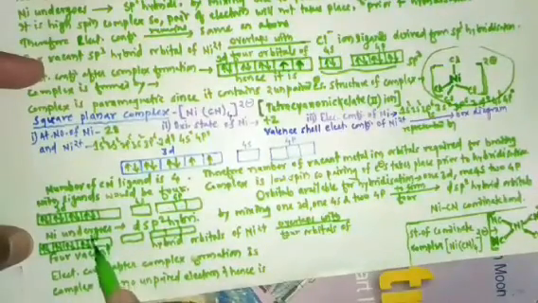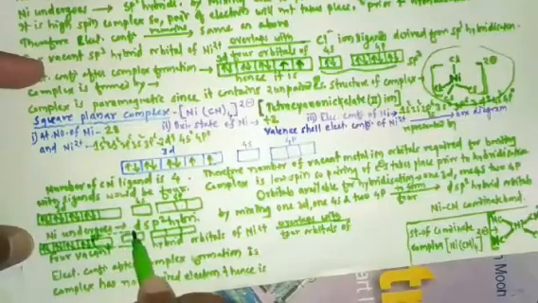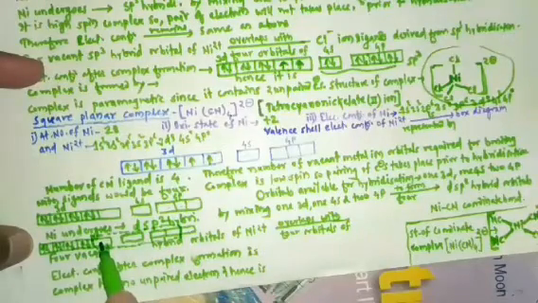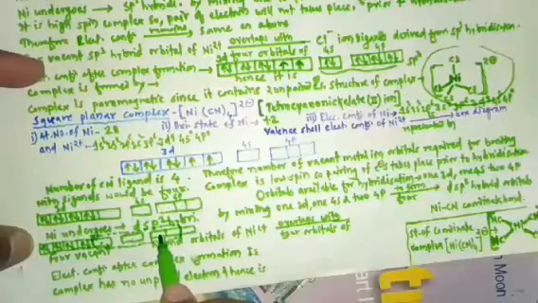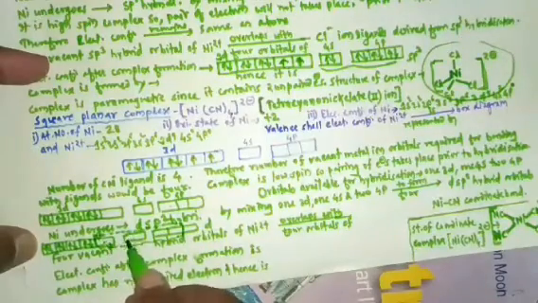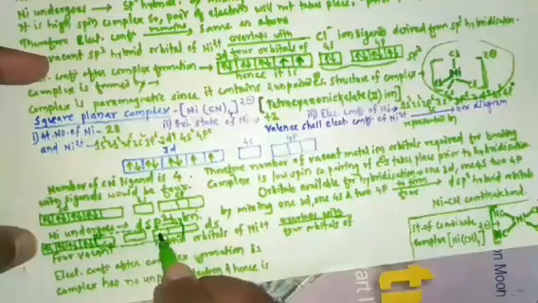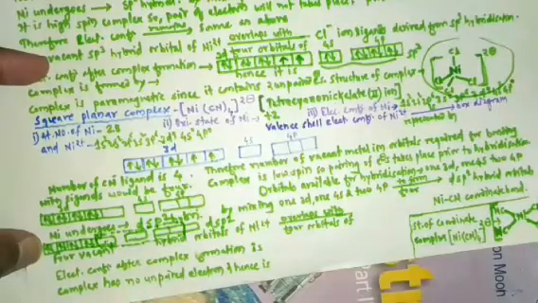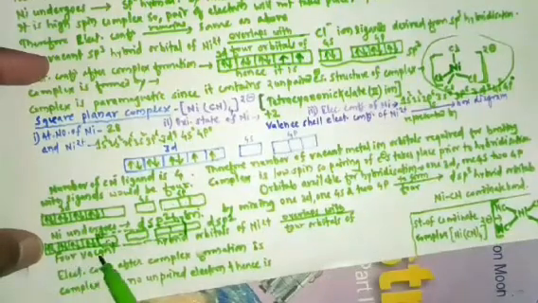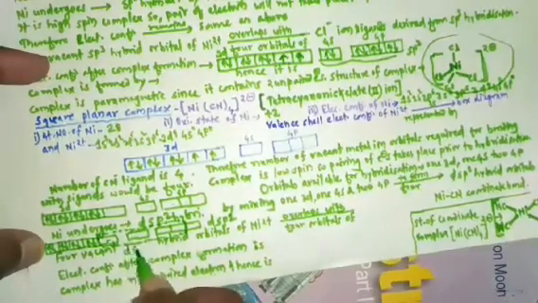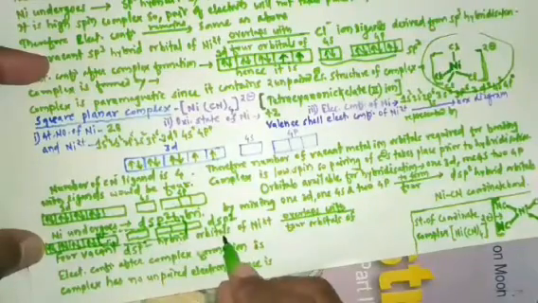Mixing of these orbitals takes place: this is 3d, 4s and these are two 4p. Thus the hybridization is d, s and 2p, therefore dsp2 hybridization. So there are 4 vacant dsp2 hybrid orbitals of nickel.